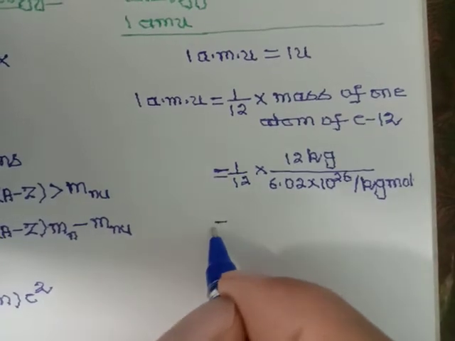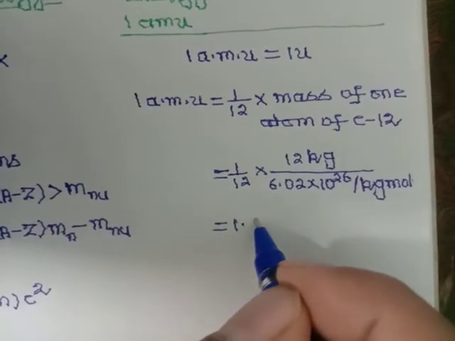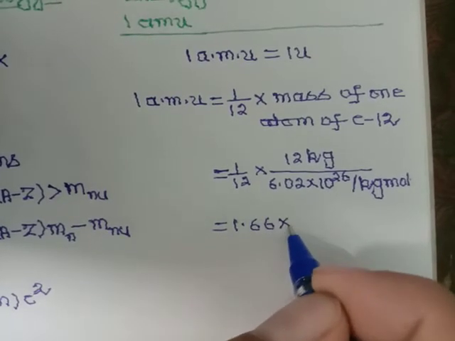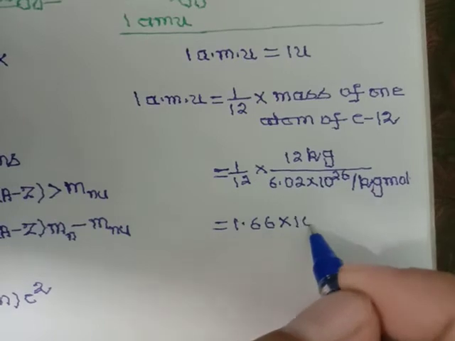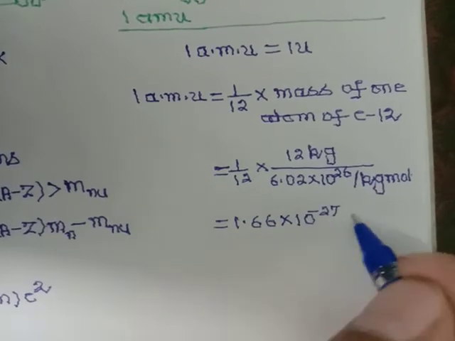And when we solve it, we get 1 atomic mass unit is equivalent to 1.66 into 10 to the power minus 27 kilogram.